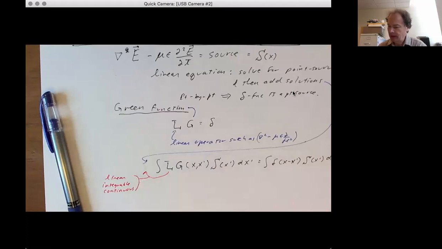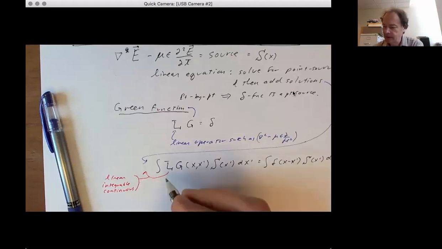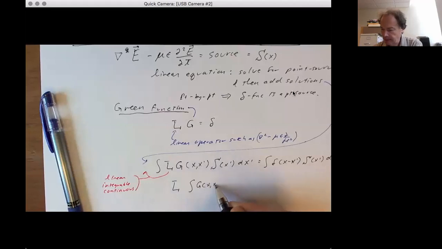And so then you end up moving that out, get L, and the integral of G of x prime, source S of x prime dx prime, which is a function of x now. That's equal to this. Well, we can use the delta function to solve that. And this is our source. So this must be our solution.